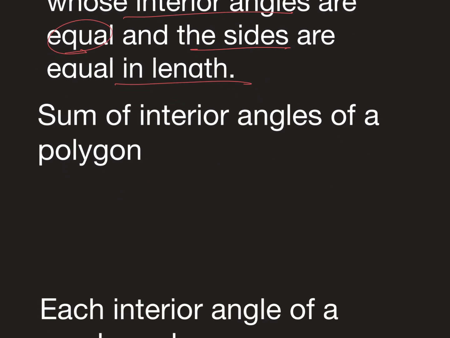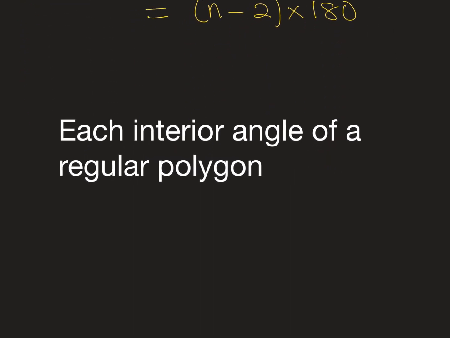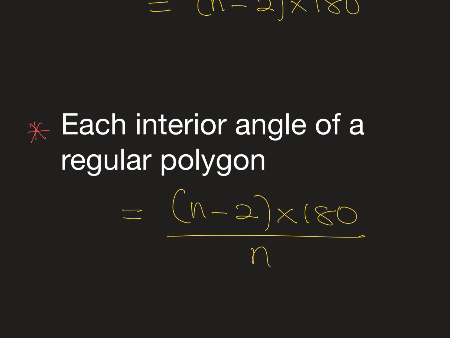All right, moving on to the sum of the interior angles of a polygon. We have already established that the sum of the interior angles of a polygon is given by the formula n minus 2 multiplied by 180, where n is the number of sides. Moving on to each interior angle of a regular polygon. If we want to find each interior angle of a regular polygon, that will be the sum of the interior angles of the polygon divided by the number of sides.